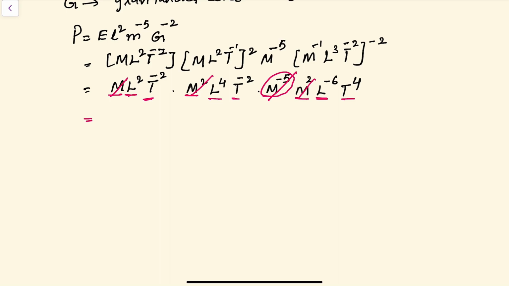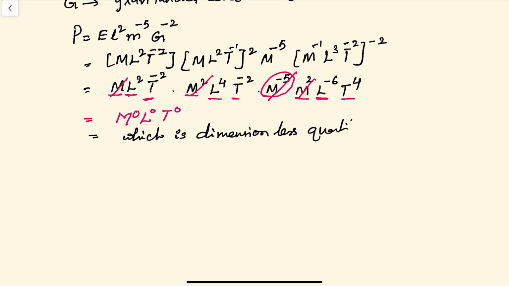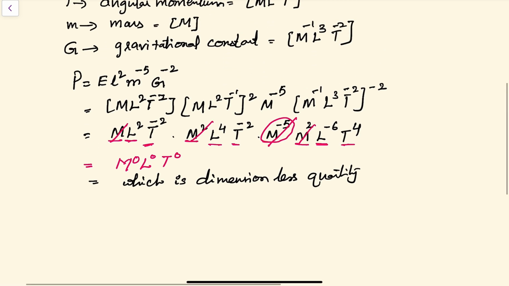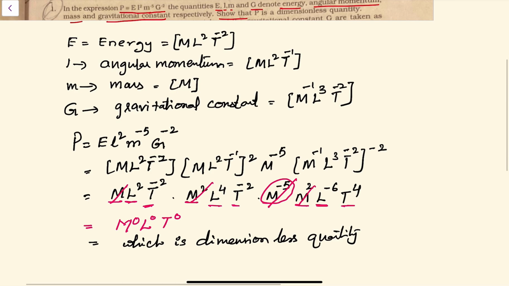You will get it as M power 0 L power 0 T power 0, which is a dimensionless quantity. Okay, this is a simple problem by substituting all the dimensional formulas in the given formula. Then we will solve that.